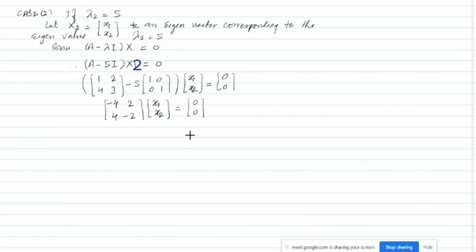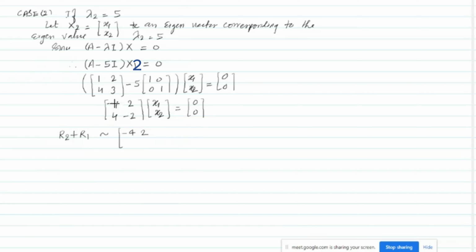Again we will do the same thing. Here we make the second row 0. For this we add r2 plus r1, and we write the first row as it is, minus 4, 2.